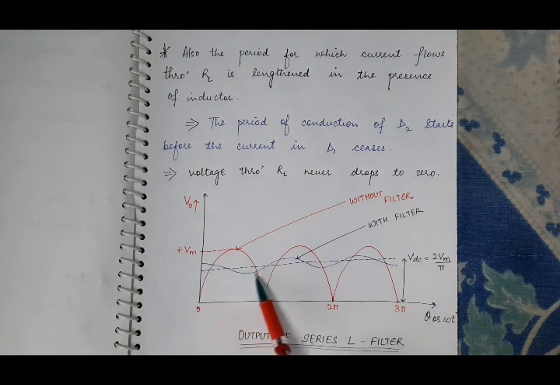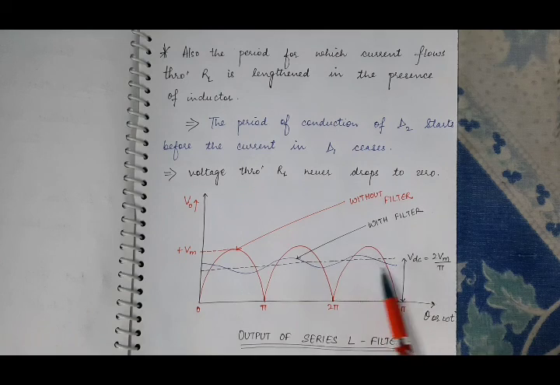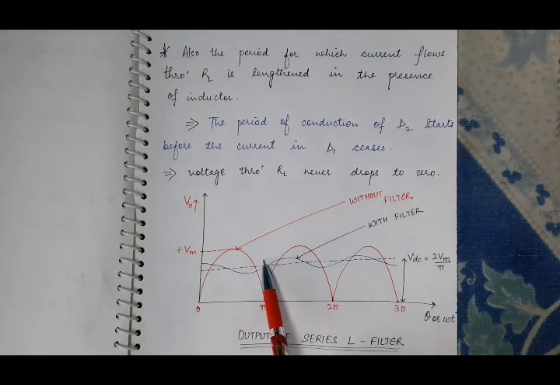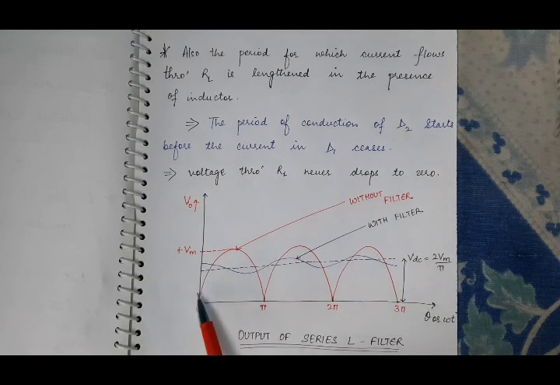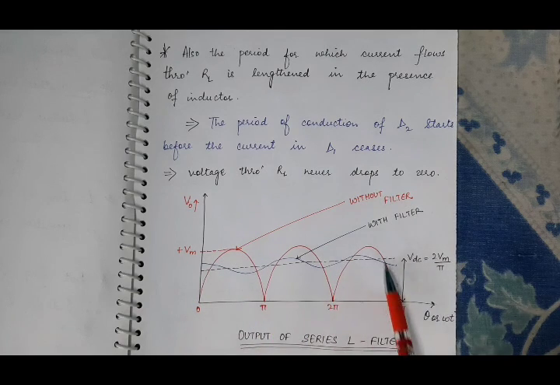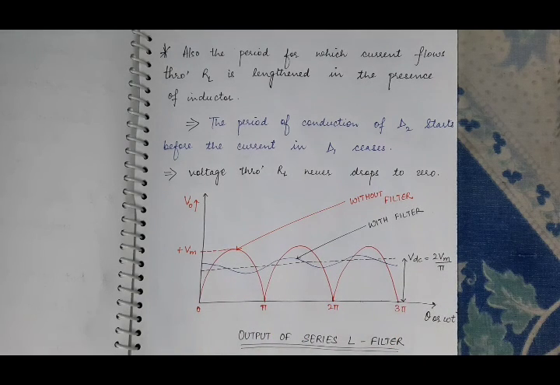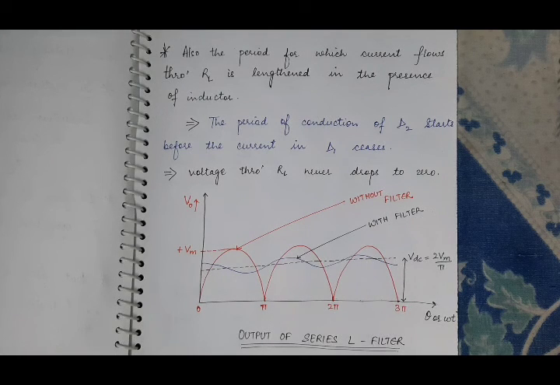And it is approximately purely DC because the AC component is very small as compared to the AC component in the output without filter. So now we will analyze the inductor filter and calculate the ripple factor in case of a full wave rectifier with the inductor connected in series with the load resistance.